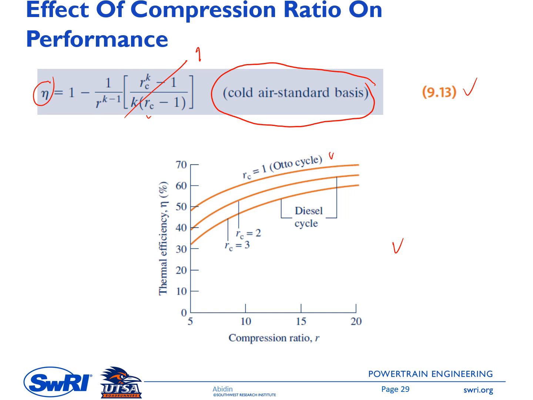And then as we increase RC, the efficiency drops for a given compression ratio. So you see here, if I have a compression ratio of 15, and then increase RC, the thermal efficiency decreases. So for the same compression ratio, the Otto cycle has higher thermal efficiency than the diesel cycle.